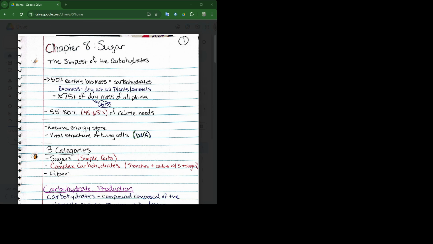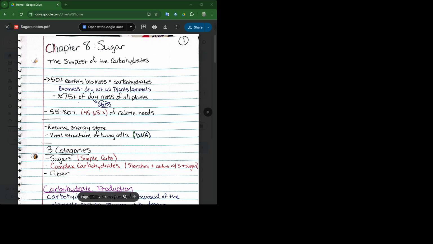Now for where the book said starches, I told you in the lecture that we are not saying the second category is starches. We're calling it complex carbohydrates, and that is composed of starches and other carbohydrates with 3 or more sugars bonded together, according to the lecture notes.